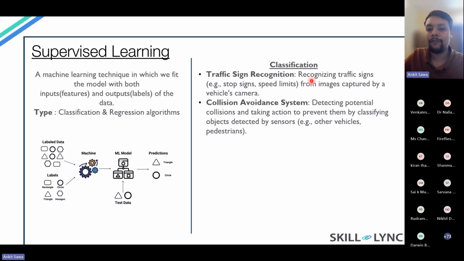Some common examples: traffic sign recognition, where you recognize the stop signs and speed limits from the images captured by the vehicle's camera. It's very popular today in autonomous vehicles. The other one can be the collision avoidance system, where you can potentially detect other objects on the road, whether it's a vehicle, pedestrians, or a rock, and accordingly adjust your course of action. So it is also a very good example of a classification problem.